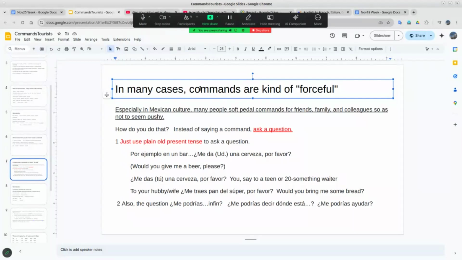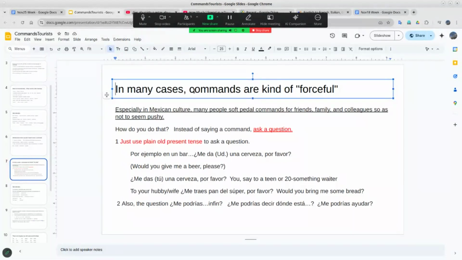The Mexican culture in particular is a very indirect culture. This is a cultural note. But it is important because it is how they feel. Coming off as bossing people around is seen as being very in your face and very impolite.